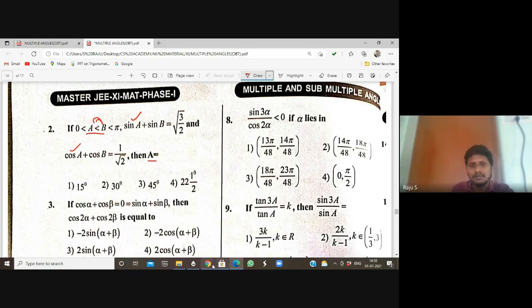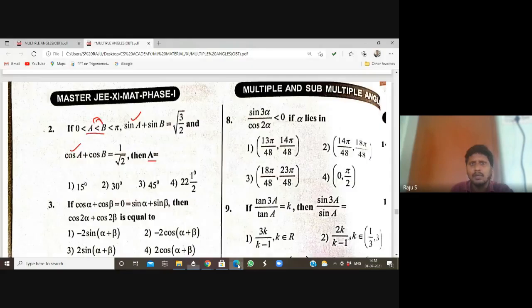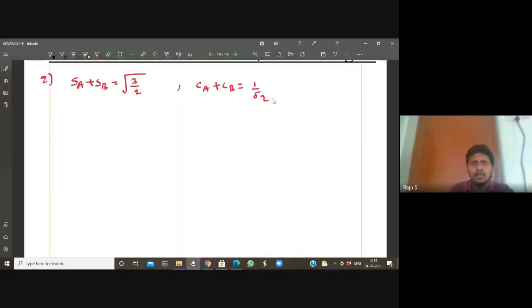When I take the second question, sin A plus sin B, the value they have given is root 3 by 2. Cos A plus cos B, they have given as 1 by root 2. Now squaring and adding.